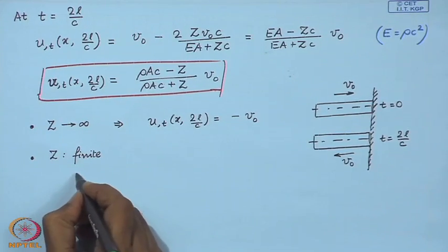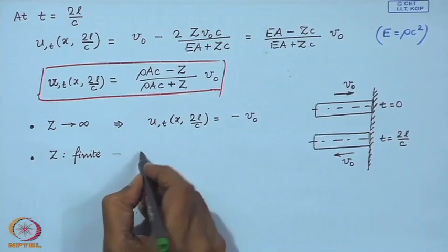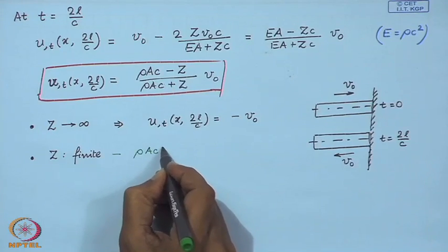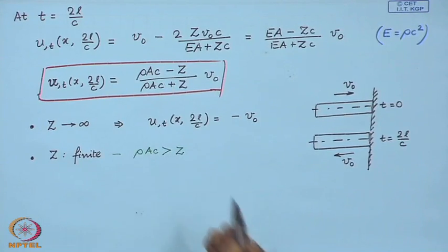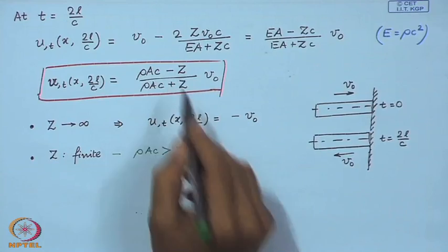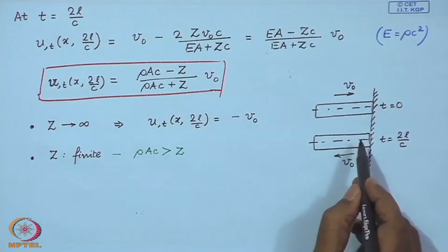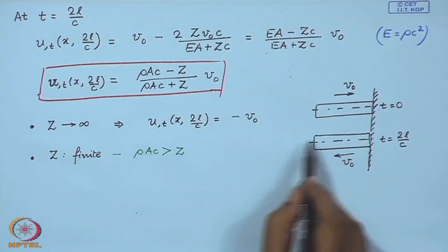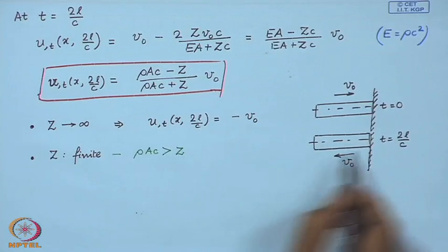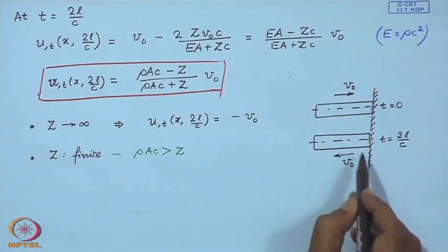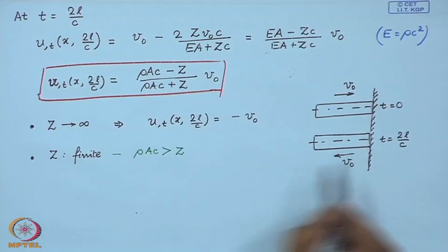The first case could be rho A c is greater than the impedance of the obstacle, which means the impedance of the bar is greater than the impedance of this wall or the obstacle with which it is colliding.